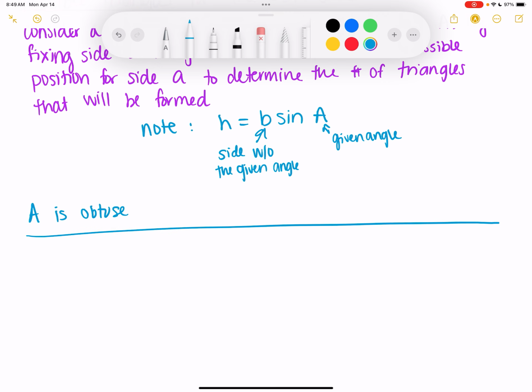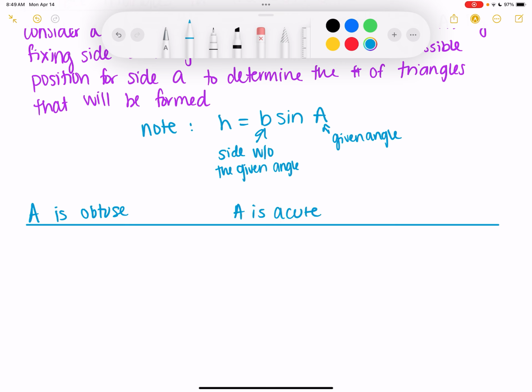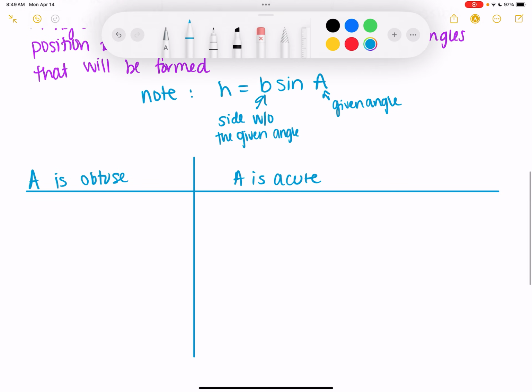And then the other option is that A is acute. I'm going to have two things over here, and then I'm going to end up with four over here in this box.